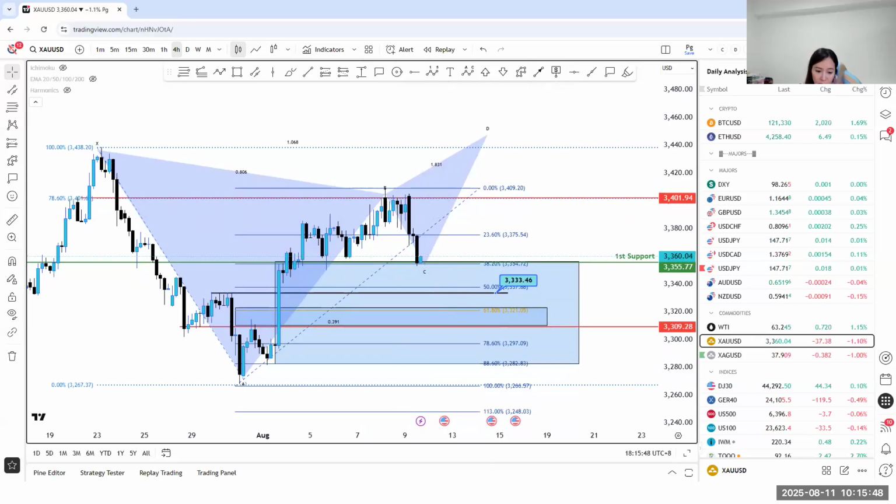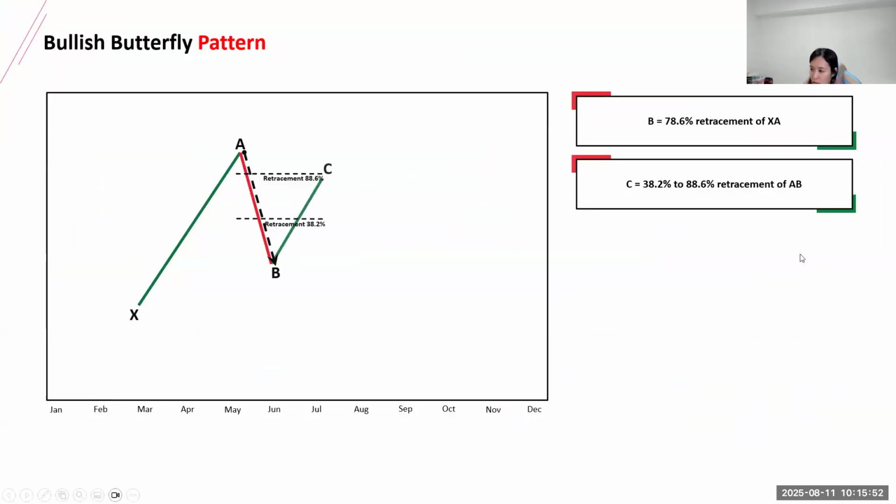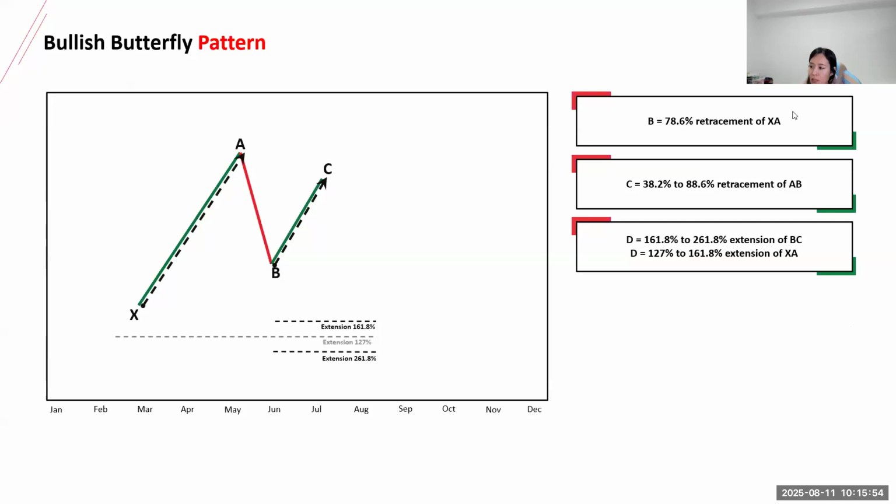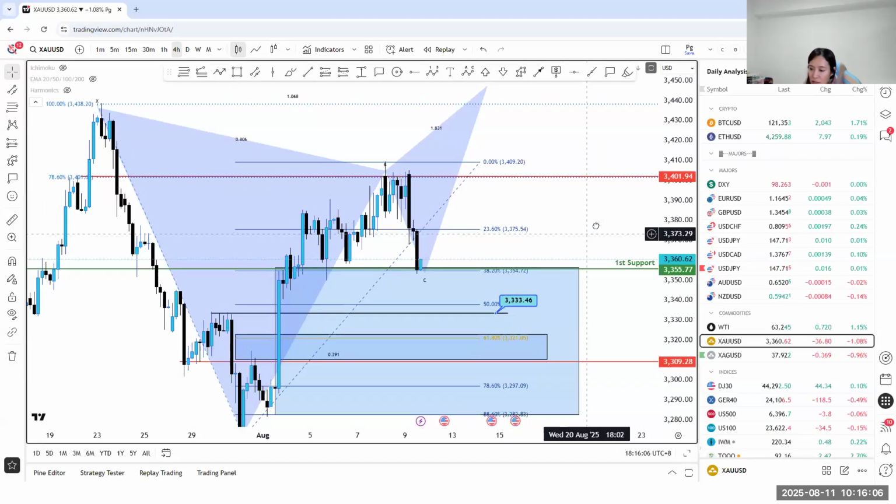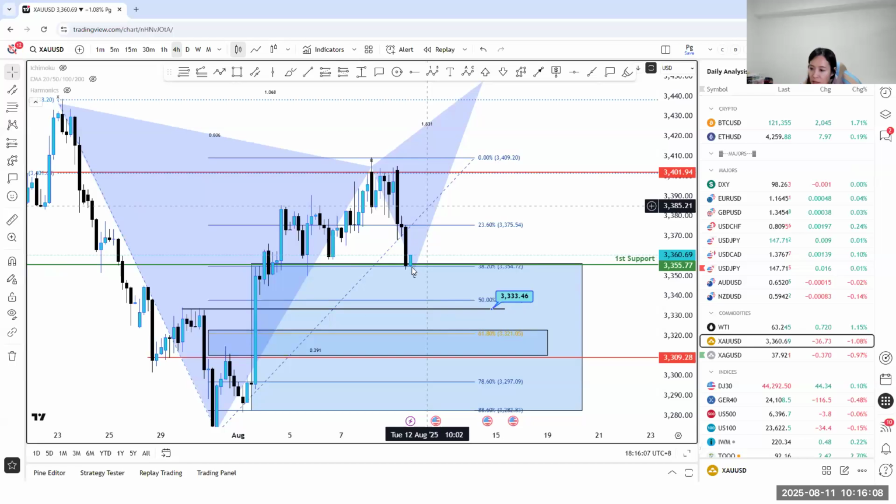What about the potential if they retrace at 38.2 to 88.6%? B could be BC extension at 161.8 or extension of XA. So let me forecast if gold is going to retrace here, and this is a C leg.